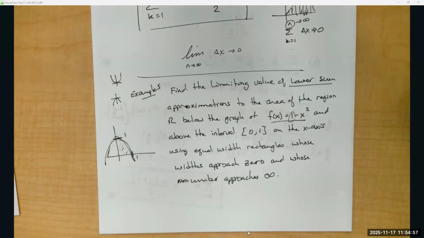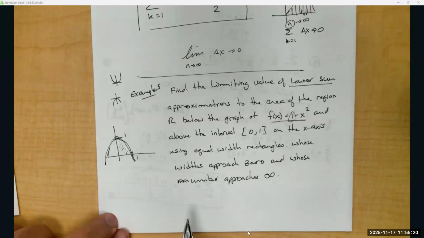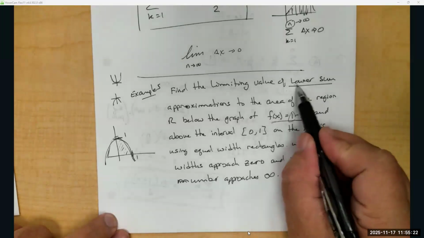Why is knowing the graph important? That's the only way we can determine if it's lower. Well, not the only way, but the easiest way. Otherwise, we'd have to take the values and plug them in there, see what gives us a lower number. Right, and we're looking for the lower sums.